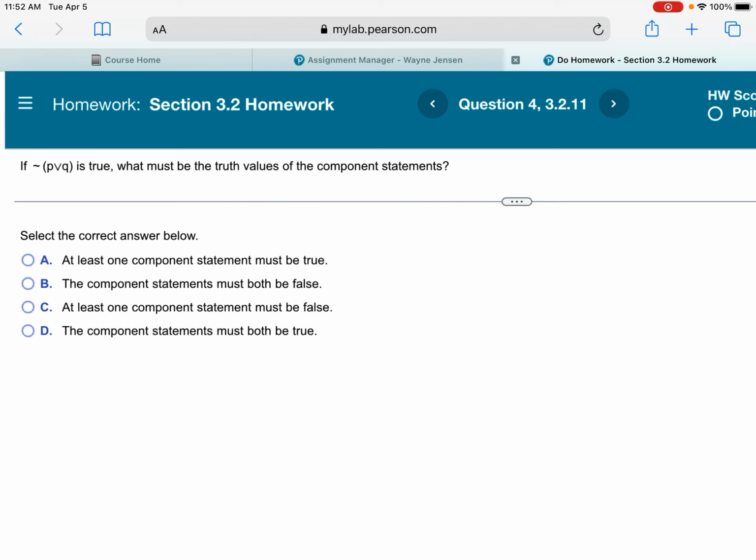Like we mentioned before, P or Q is only going to be false if both the P and Q are false. And so we want the negation of P or Q to be true, so we want P or Q to be false. If P or Q is false, then the negation of it is true. And so when is P or Q false? Well, we answered that. It's both of those components being false.